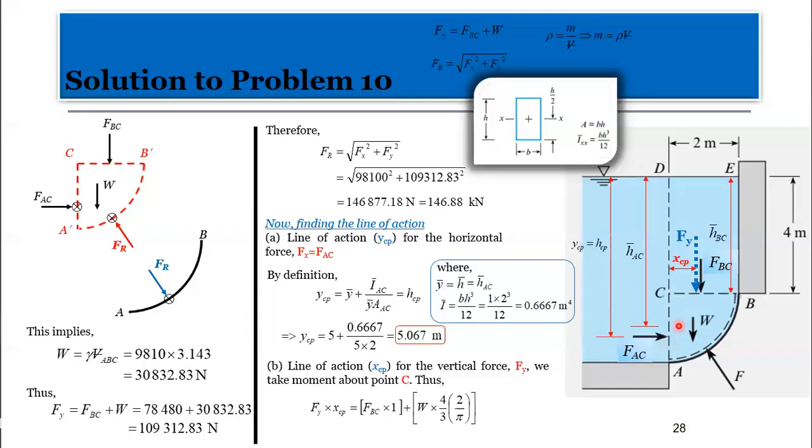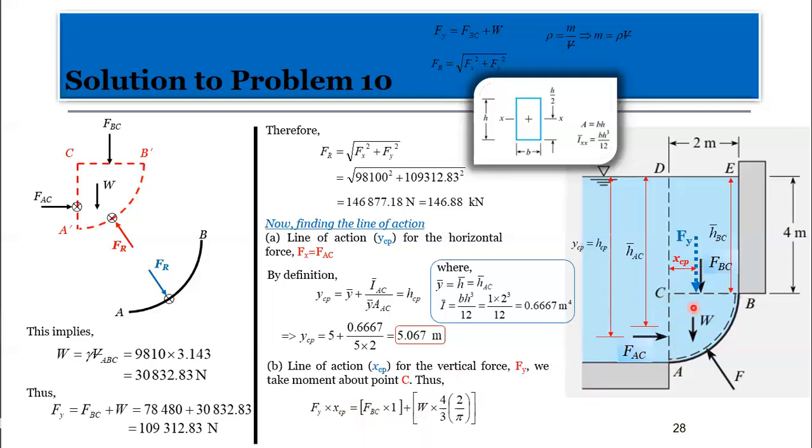Now, FBC will be multiplying the moment arm from C to the line of action of BC. FBC is half of 2, the radius, that's 1, right?